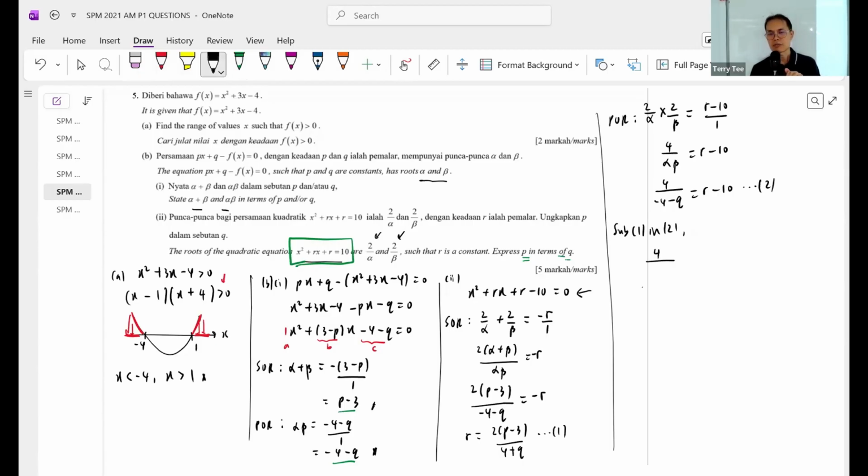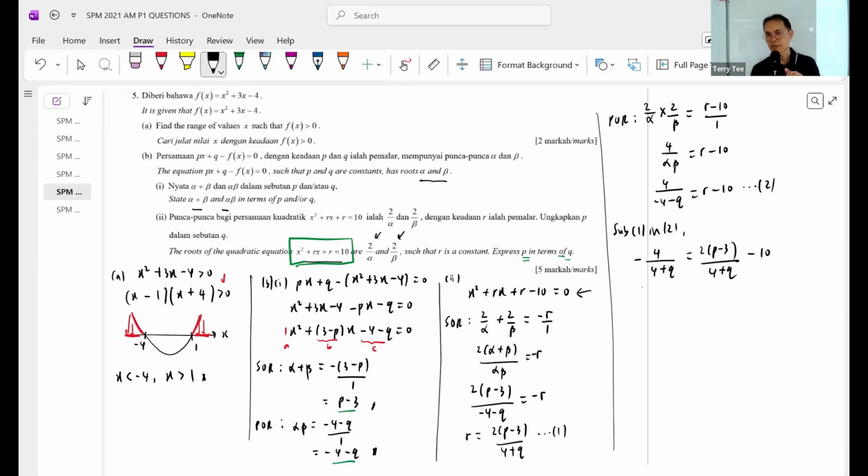So there's a 4 over 4 minus Q. I factorize the negative. Why? Because it's easier to see. P minus 3, 4 plus Q minus 10. It's easier to see that these two you can combine, right? Can you see that?